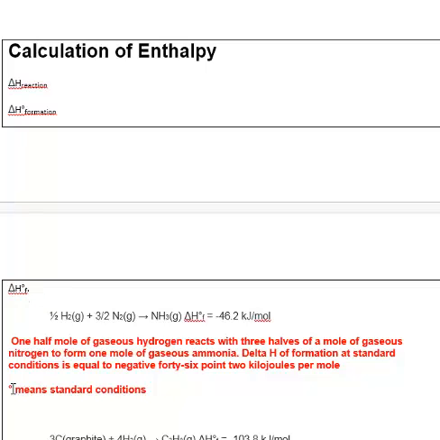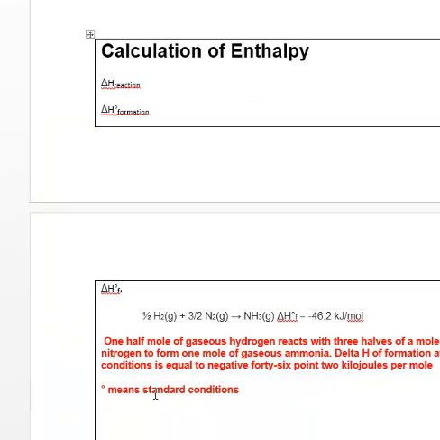So right here, this little degree mark, when it's next to that H, means standard conditions, and the little f as a subscript to H means formation.